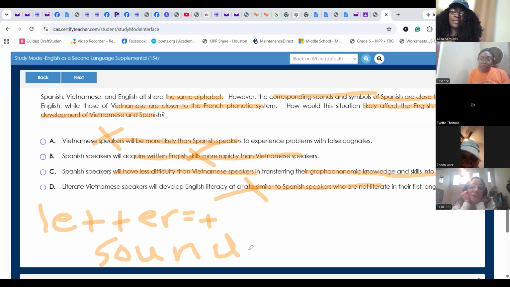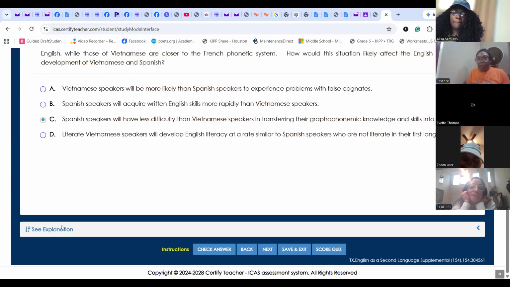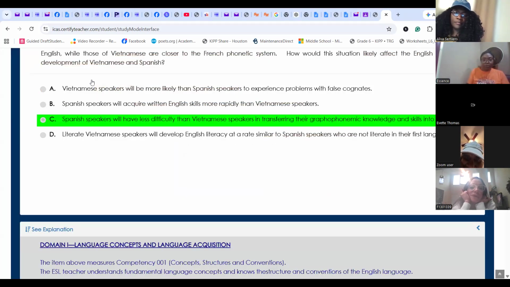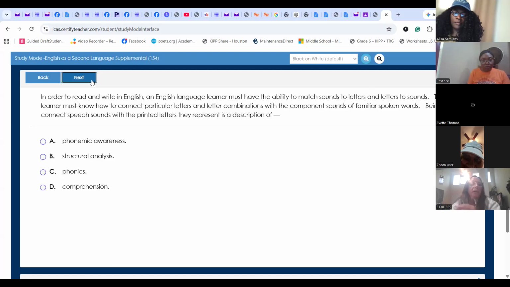So graphophonemic is a fancy word for phonics. Phonological and phonemic awareness, you don't need to see the letter. But for phonics, you do need to see the letter. So if you said C, you are absolutely correct. All right, next question. I'm going to highlight what's important.